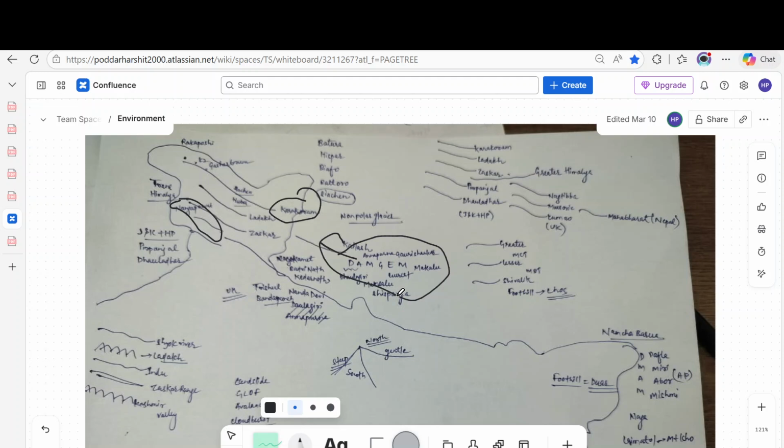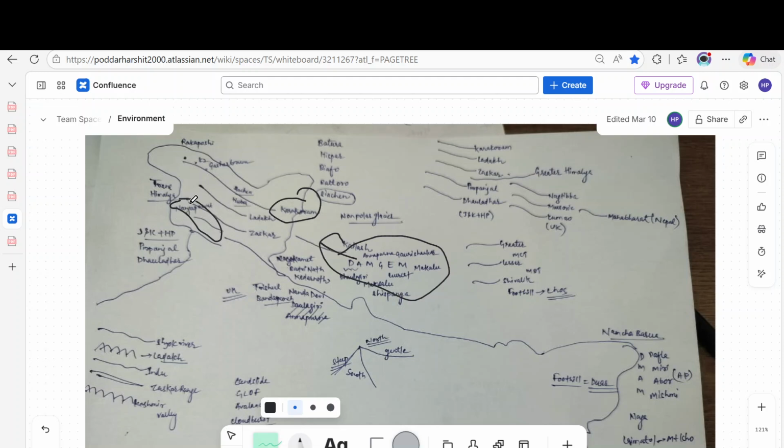Okay, and then we go to the lesser Himalaya that we call Himachal or the middle Himalaya, we can say. For the lesser Himalaya, we start with Jammu Kashmir and Himachal Pradesh region.